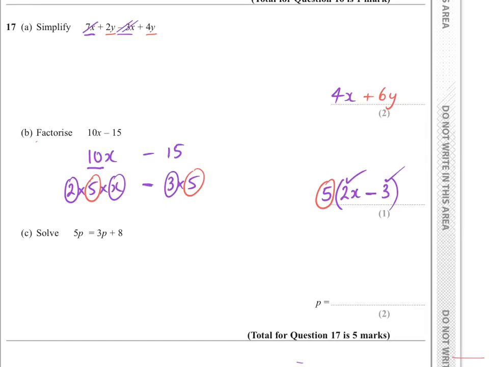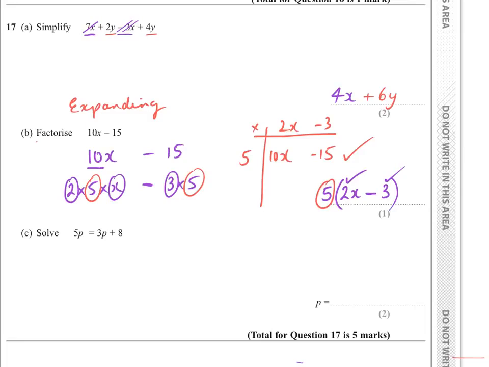And then you can always check and see if it works by just doing the opposite of factorising, which is expanding. And you can just write 5 here, 2x minus 3, multiply them out, and you'd get 10x minus 15, and then you would know that you were correct.